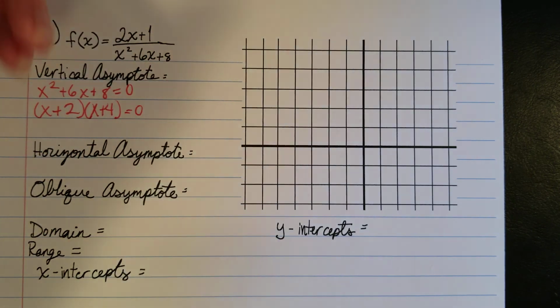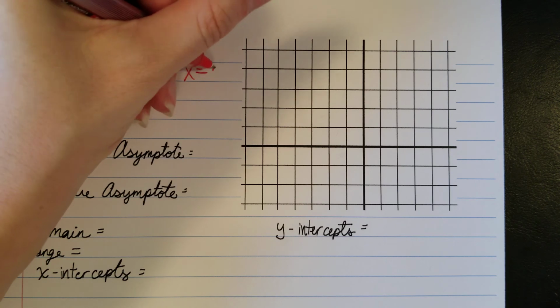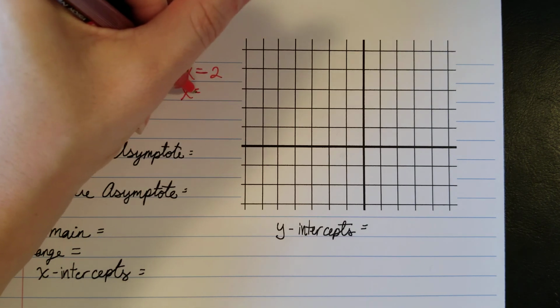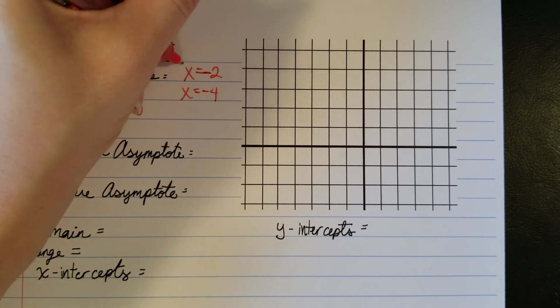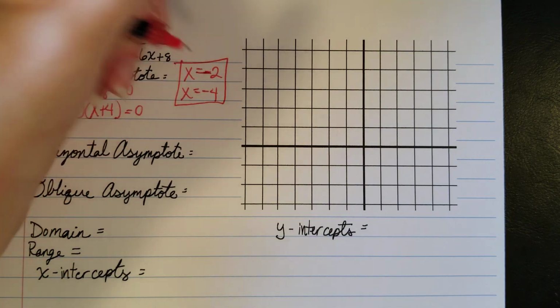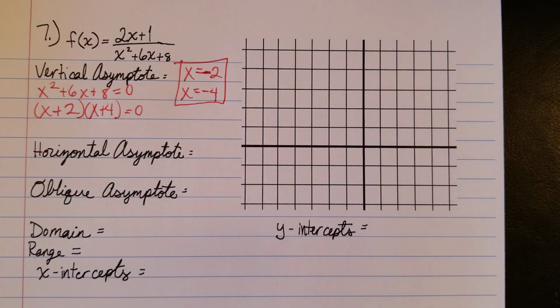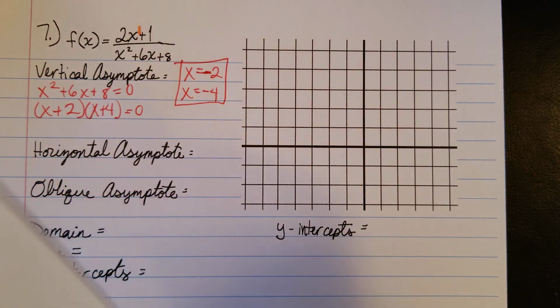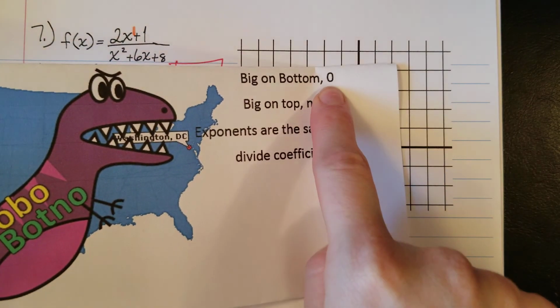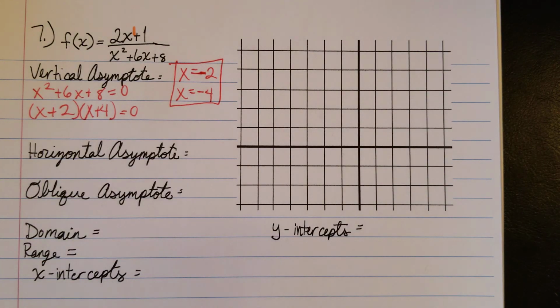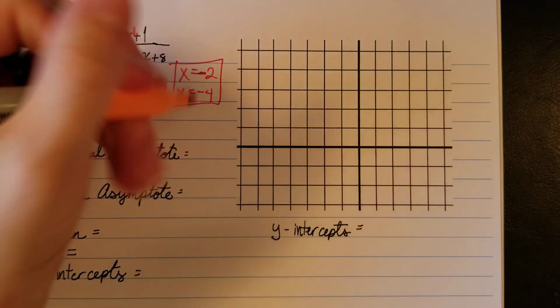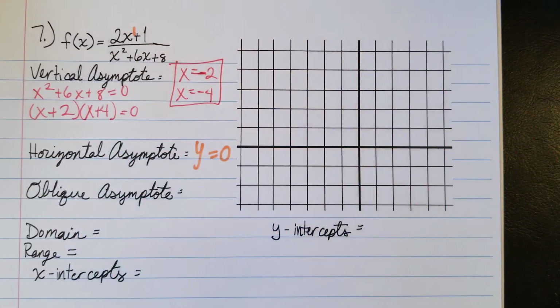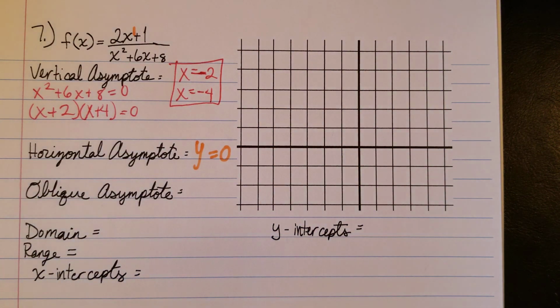So your vertical asymptotes are x equals -2 and x equals -4. And then for horizontal asymptote, the degree on the bottom is 2. The degree on the top is 1. So that is big on bottom, 0. So y equals 0 is going to be the horizontal asymptote. There's no oblique.